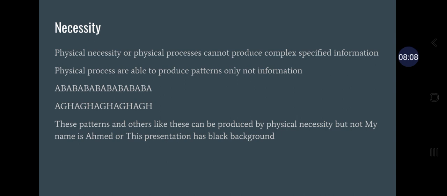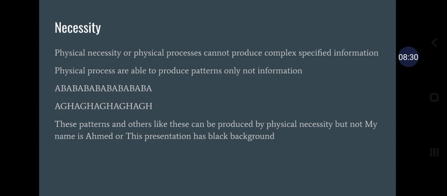Why? Physical processes can produce patterns. They cannot produce information. For example, a physical process could produce something like AB, AB, AB, AB, a pattern. This is what necessity can achieve. Or it can achieve a pattern like AGH, AGH, AGH, AGH, on and on.